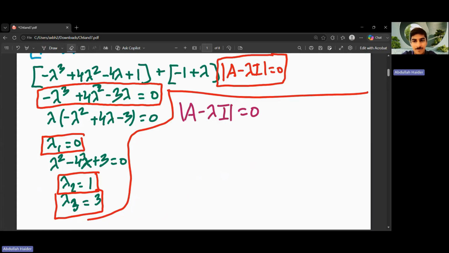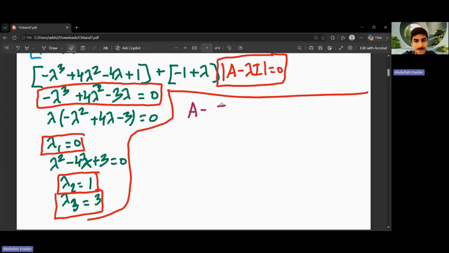But now I want to find the eigenvectors. Now how to find the eigenvectors is you take each lambda and substitute it here. So basically you have A minus lambda I, but now you substitute every lambda here and find the solution to the eigenvector.